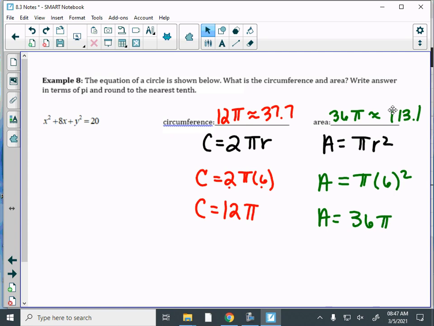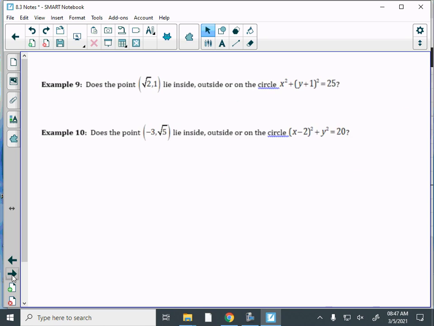Questions over that? Last examples are pretty quick. Again, before Desmos existed, we would have to do this algebraically. We'd algebraically have to determine if those points lie on the circle, inside the circle, or outside the circle. But we have Desmos to make our lives much easier.